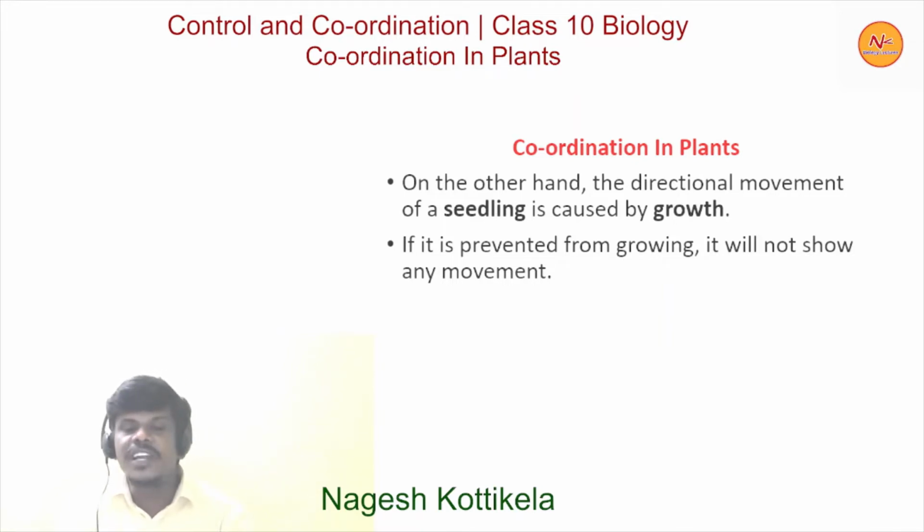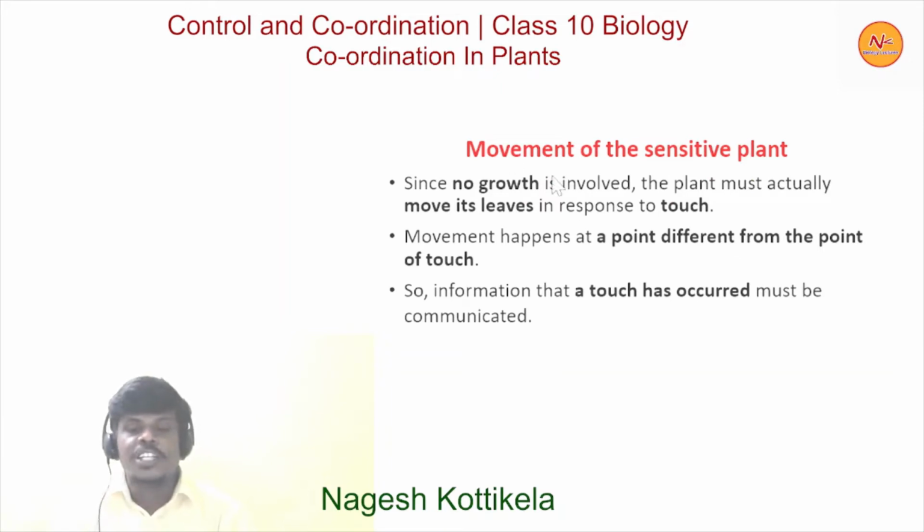Now if we discuss this in detail, since no growth is involved, the plant must actually move its leaves in response to touch. Movement happens at a point different from the point of touch. So the information that a touch has occurred must be communicated.